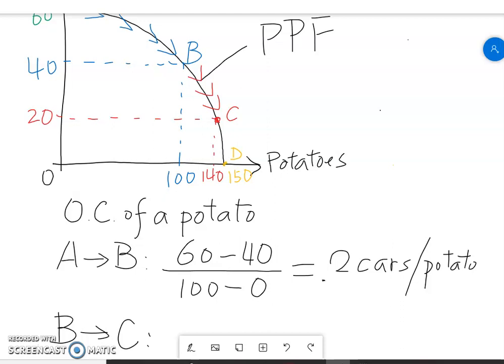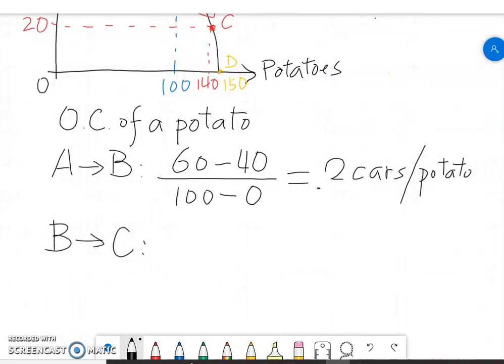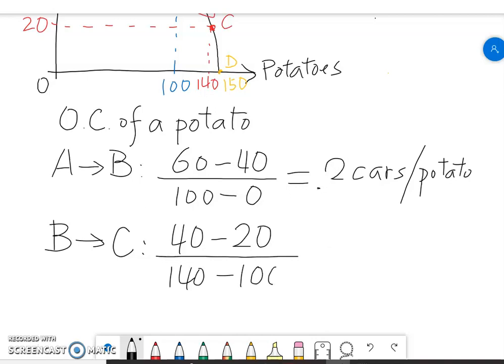It used to produce 100 potatoes at B. Now it produces 140 potatoes at C. So let's do the math here. So the number of cars given up would be 40 minus 20. Okay. And the number of potatoes it gains would be 140 minus 100. Okay. So here it will be 20 over 40. So it's 0.5 cars per potato. Okay.